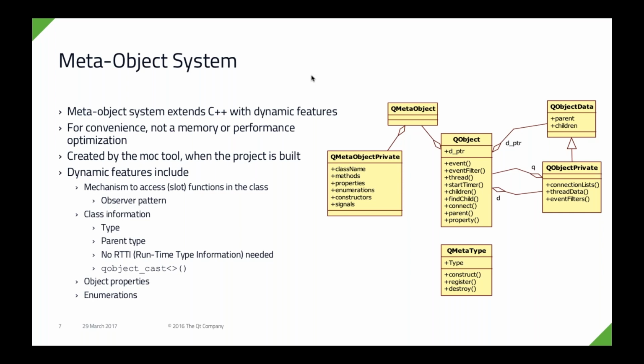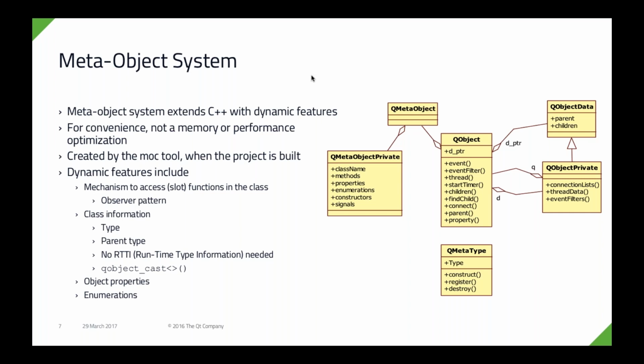That provides a mechanism to access the slot functions in the class, so that gives you the slot function access system. It also produces various functions to give type, parent type and runtime type information, so you don't need to add RTTI yourself. It will come from running the meta object compiler.